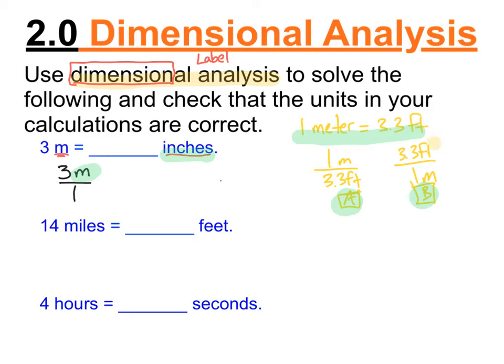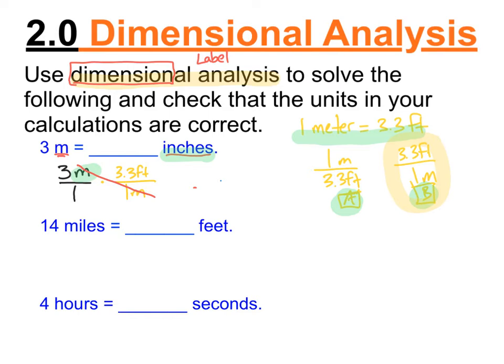And the answer is option B, because I'm going to write 3.3 feet over 1 meter. Now if you look here, you can see how the meters will cross out, leaving feet. Now I know feet isn't our final answer, but then I can keep converting from there.